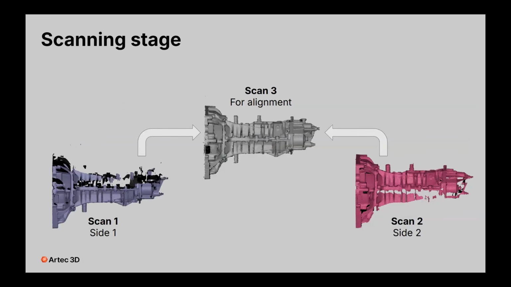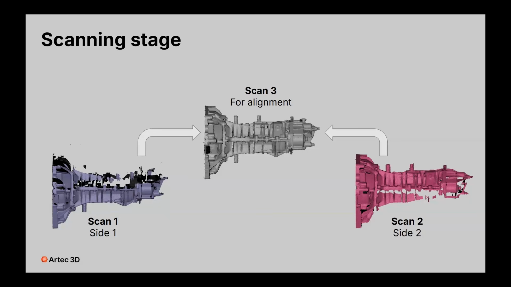It may sound a bit weird, but in order to get a good alignment, you need to start thinking about it on the scanning stage, actually. When analyzing the shape of your object and the way you can scan it, you need to think how many scans do I need to complete this object altogether. As you can see right here on this slide, we have 3 different scans for this object.